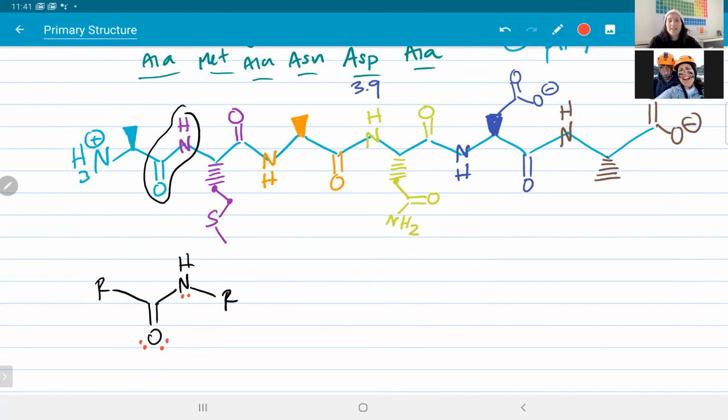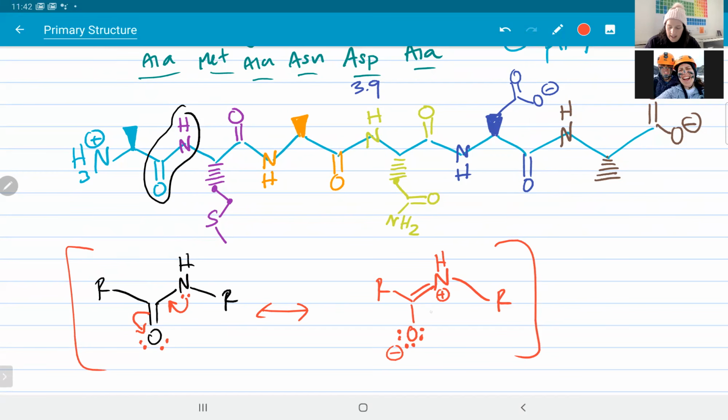Okay, so I can draw a resonance structure for this amide bond where these electrons jump here and these electrons are going to kick up to the more electronegative oxygen. So what would that resonance structure look like? You would have R, O minus, double bond to the N, H plus, and an R group.